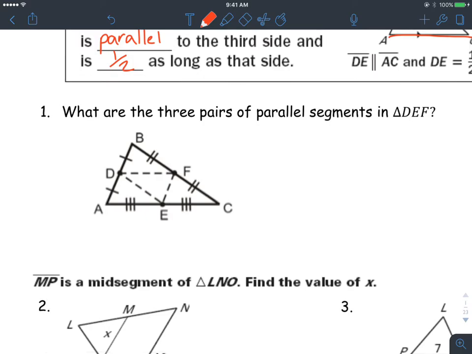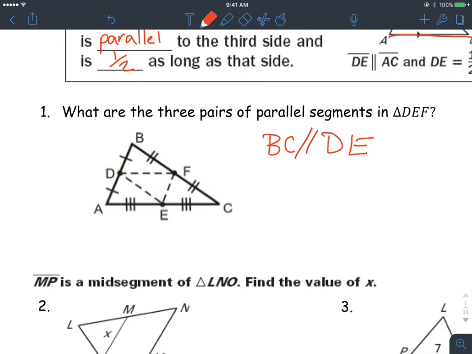So anyways, what are the three pairs of parallel segments in DEF? Because we have a bunch of mid-segments going on in a bunch of different directions. So if I start out with BC, we're going to say BC is parallel to the mid-segment DE.